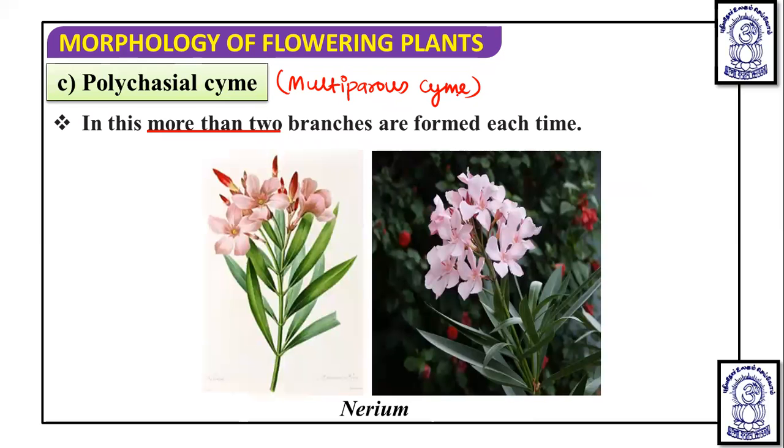Okay. So if you want to make a diagram of this multiparous, then you can make it like this. This is a growing point which is terminating into a flower. Then multiple branches originate from here, which also terminate into a flower, and that will also develop multiple branches which also terminate into a flower.